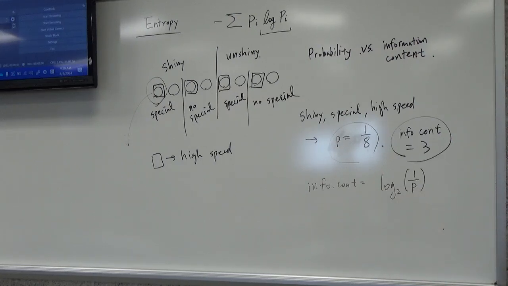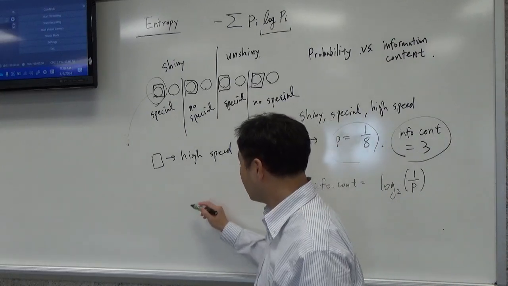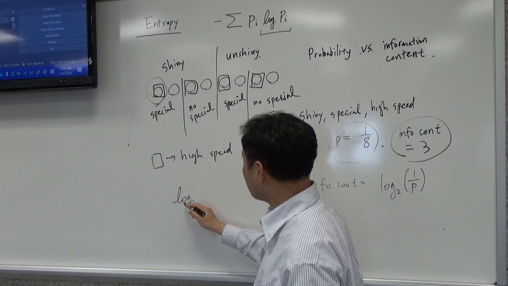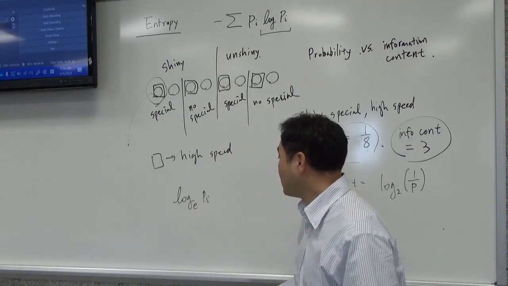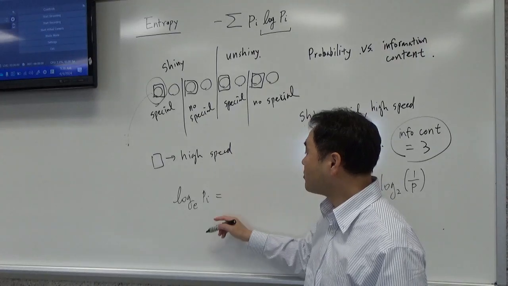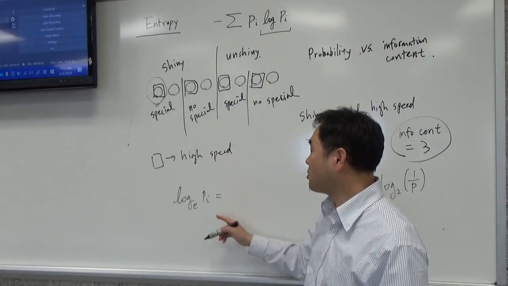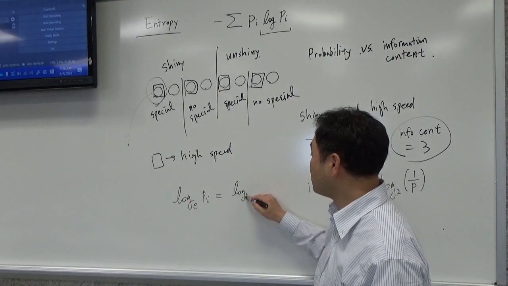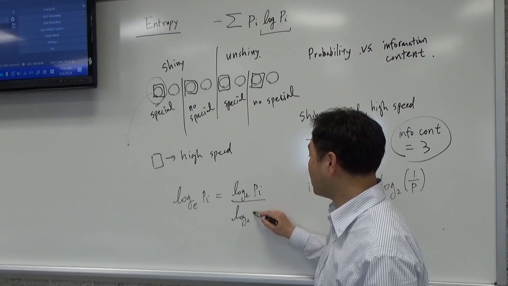By the way, in computers, usually if you put log pi, this really means log base e. And there's a base change formula which says log base e of pi is the same as log base 2 of pi divided by log base 2 of e.